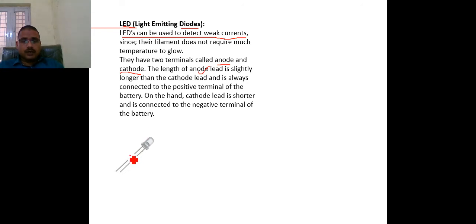If it is the longer side, then it is called the cathode, and if it is the smaller side, then it is called the anode. The cathode is always connected with the battery's positive terminal, and the anode side, which is shorter, is connected with the negative terminal.